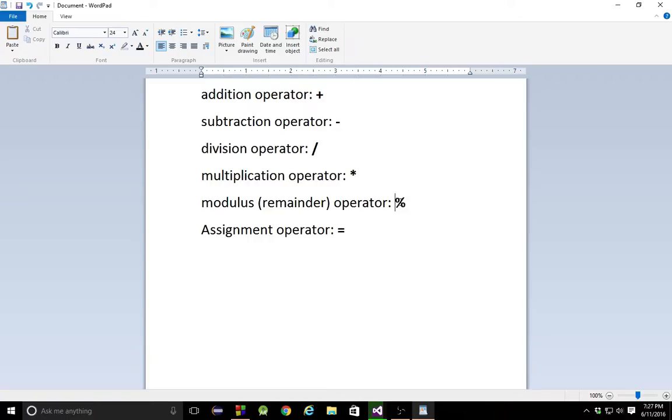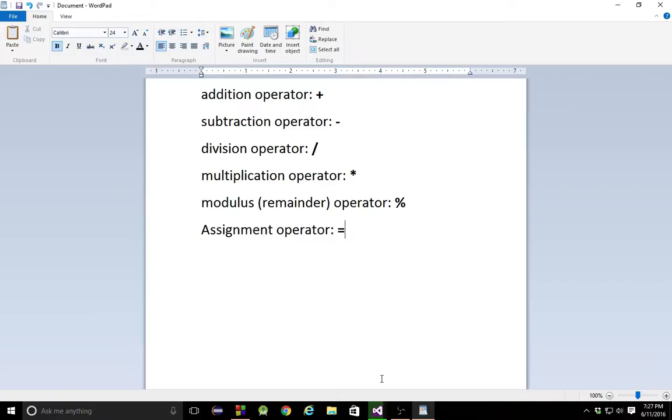How to explain it? 3 goes into 5 1 and 2/3 times, and essentially the modulus takes that remaining 2/3 and gives us back the 2, because 3 goes in one time, but it doesn't go in perfectly, and there are 2 left over. So that's what the modulus function does. It gives us a remainder.